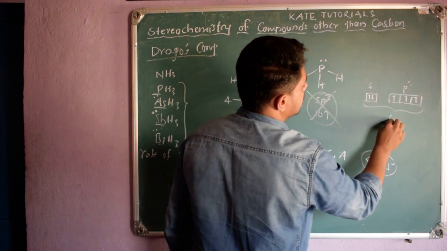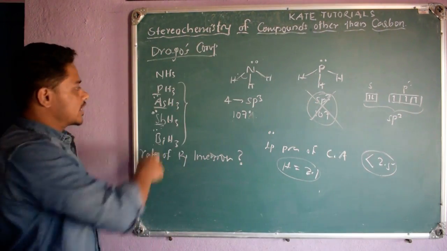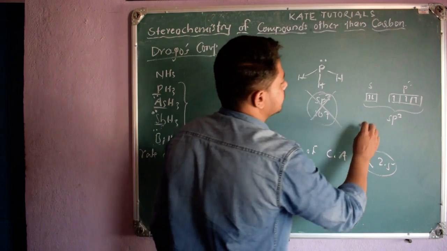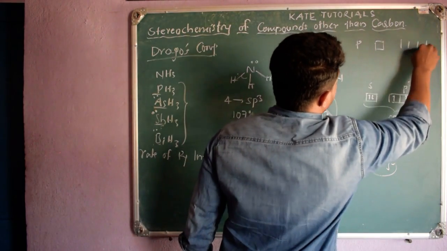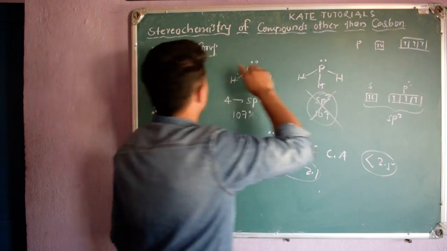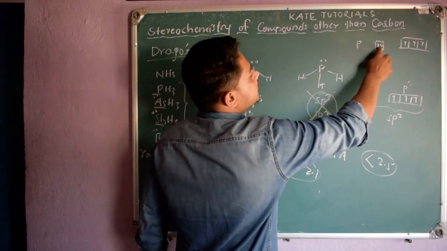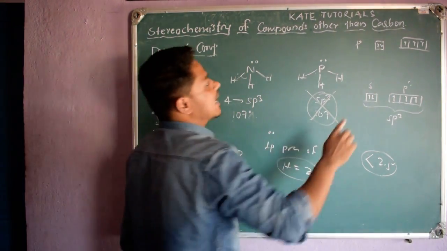Phosphorus belongs to the same nitrogen family, so the valence electrons will be the same, and there will be 3p. But according to Drago's rule, the lone pair present on the central atom, phosphorus, will not participate in hybridization.